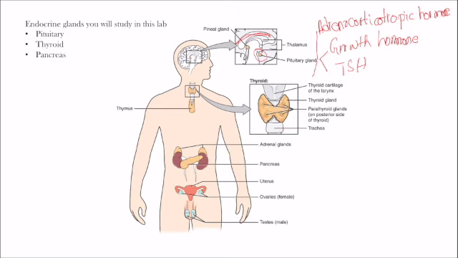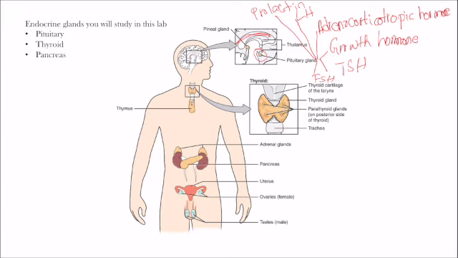Then follicle-stimulating hormone, FSH, then luteinizing hormone, and prolactin. Okay, these are the hormones produced from the anterior pituitary.